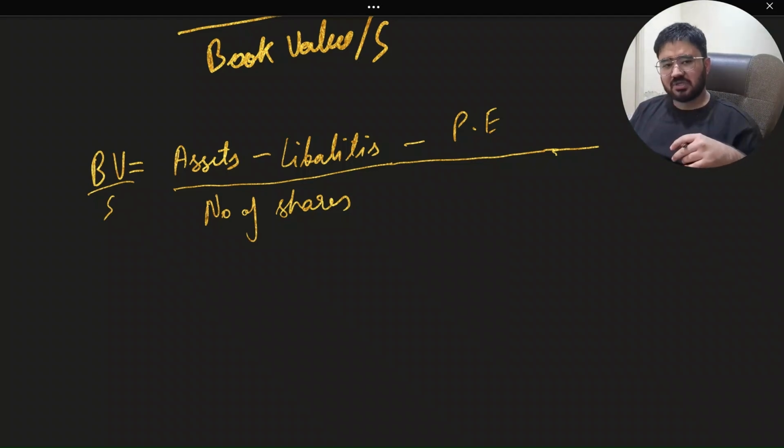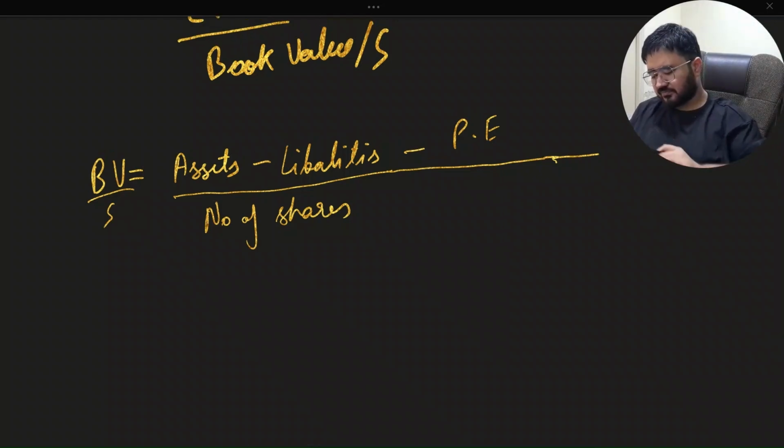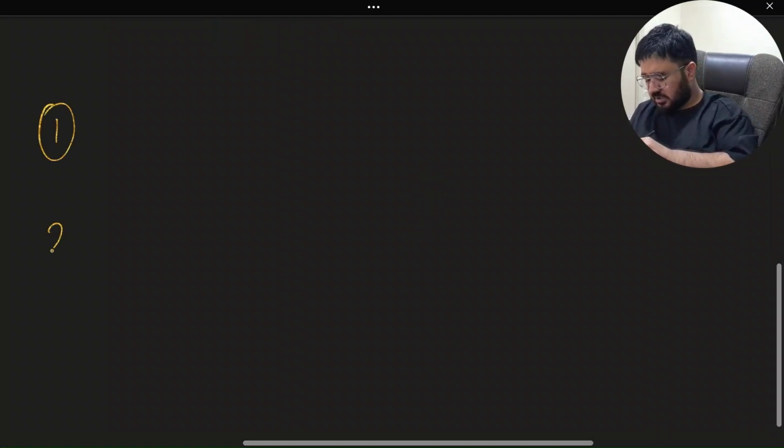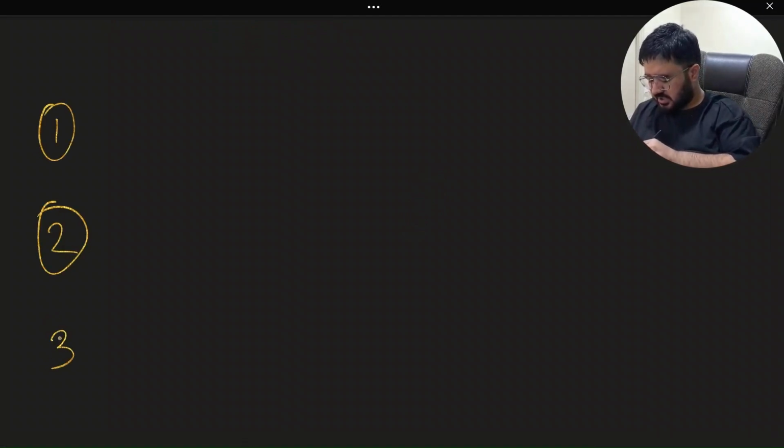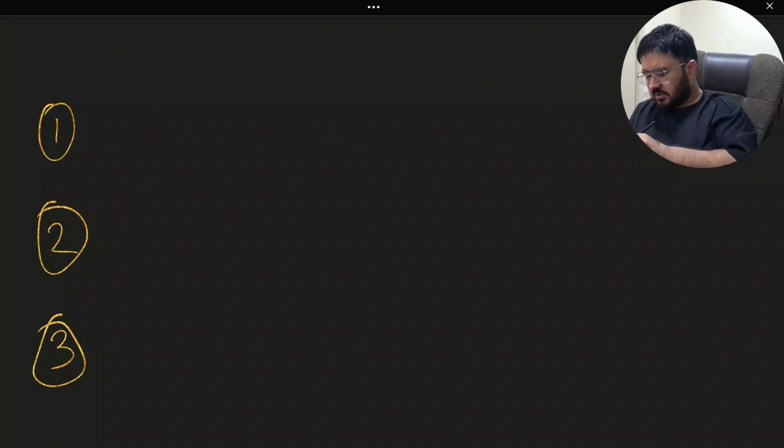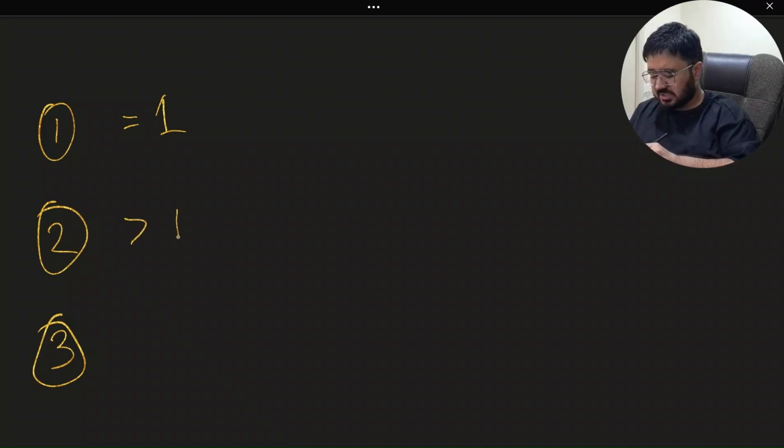Now we will go into the interpretation part. There are three buckets: one, two, and three. One is price to book ratio equal to one, then greater than one, and less than one.